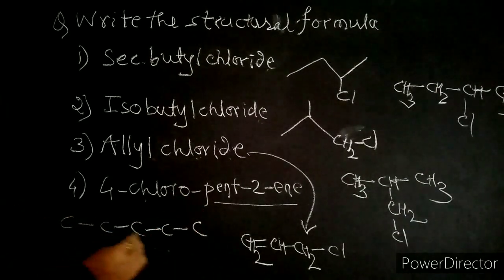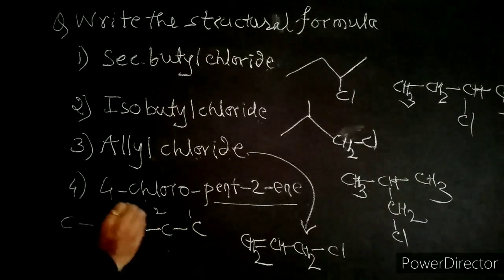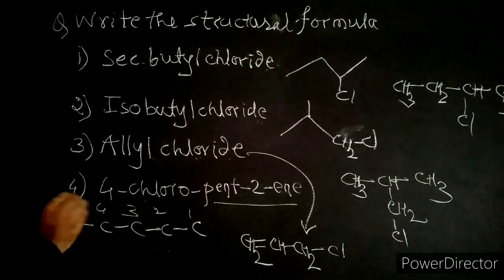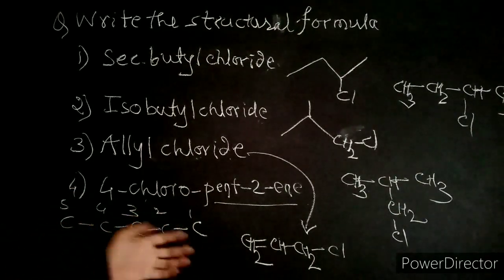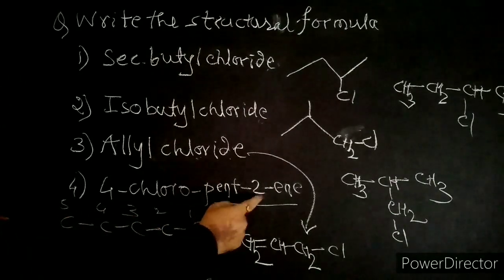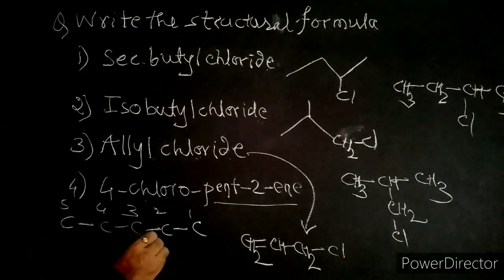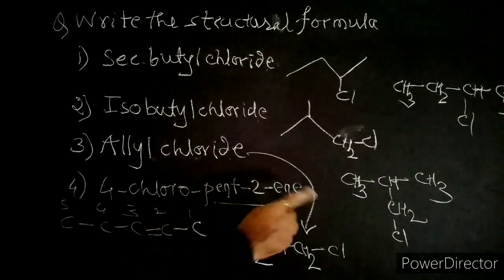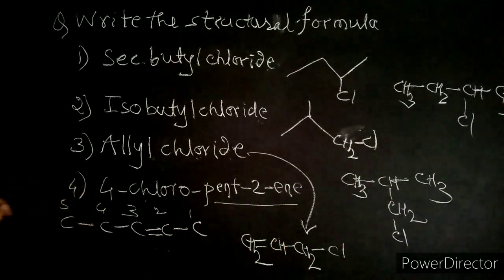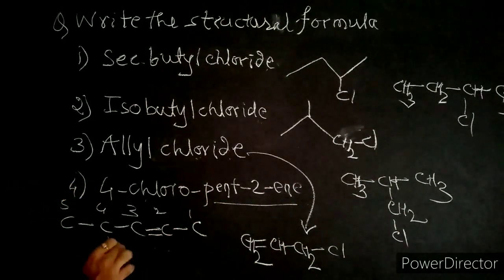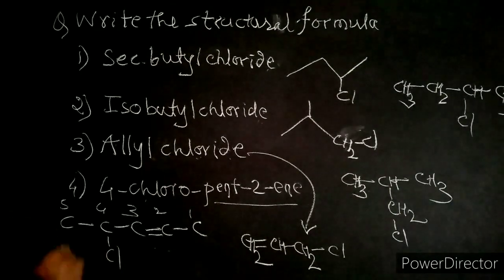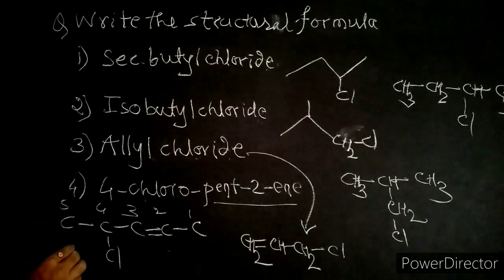Let's number these carbon atoms 1, 2, 3, 4 from right to left. On the second carbon atom there is a double bond, pent-2-ene, and on the fourth carbon atom there is a chlorine. Now the remaining valency should be satisfied by hydrogen.